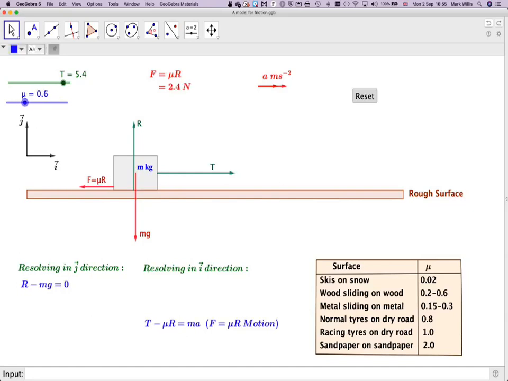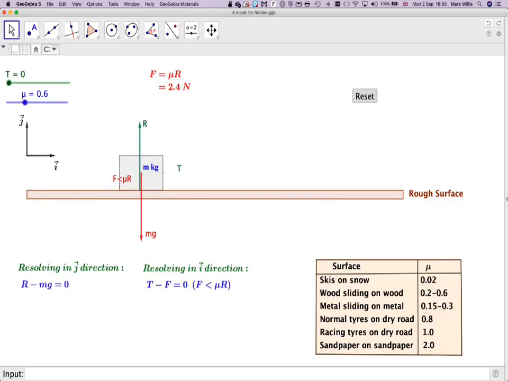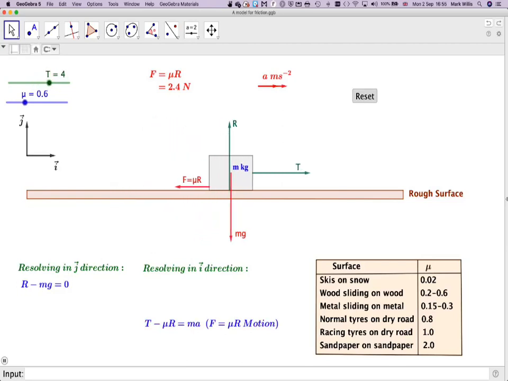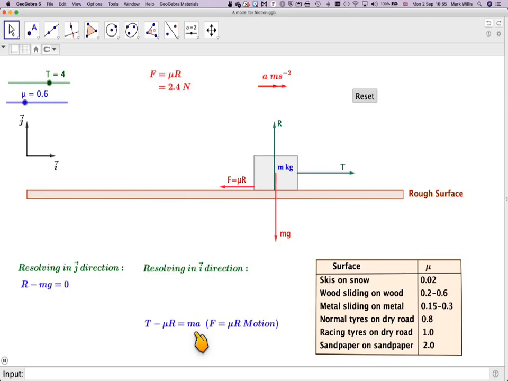Let's decrease mu to 0.6 and then reduce the force. And if we move this up here, we notice when we get to 2.4, that's 0.6 times the normal reaction. We've got limiting friction, so F will become equal to mu R at this particular point, resolving still equal to 0, because it's just on the point of slipping. This is why it's called limiting friction, and after that point it will move according to Newton's second law, so you have to introduce ma into it.